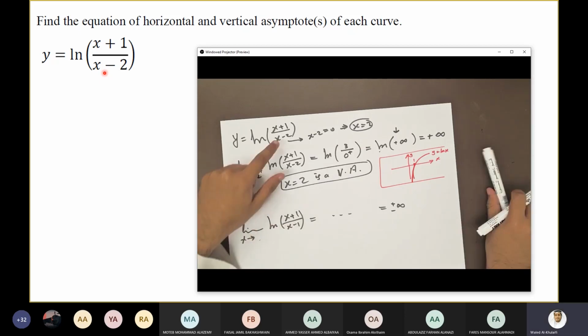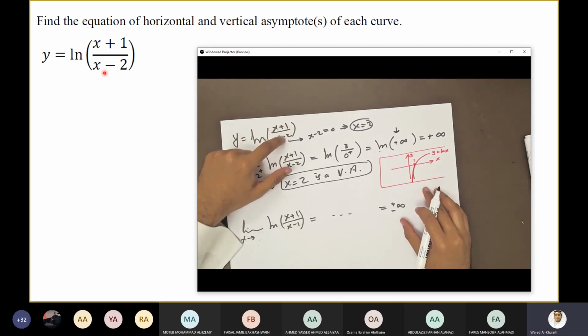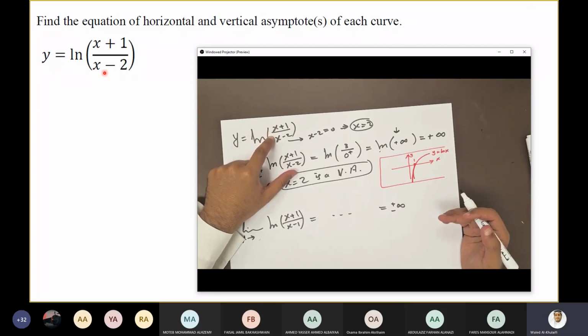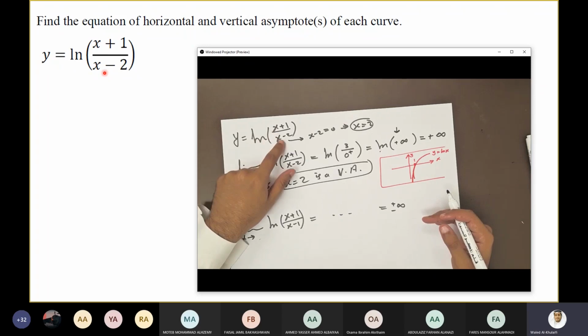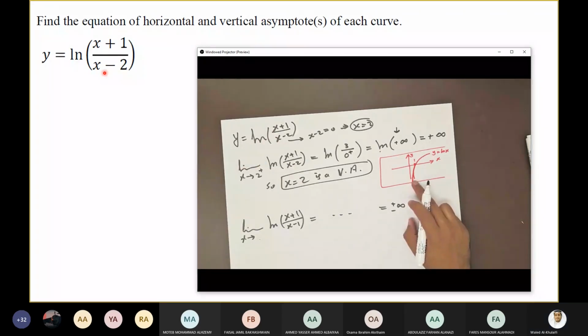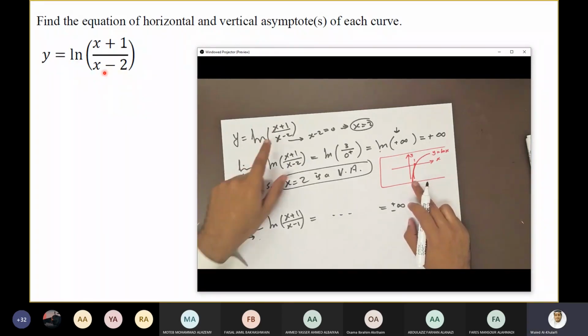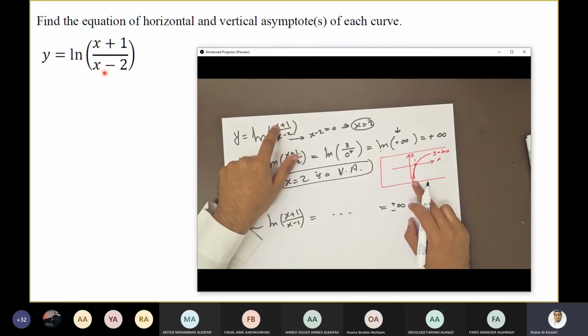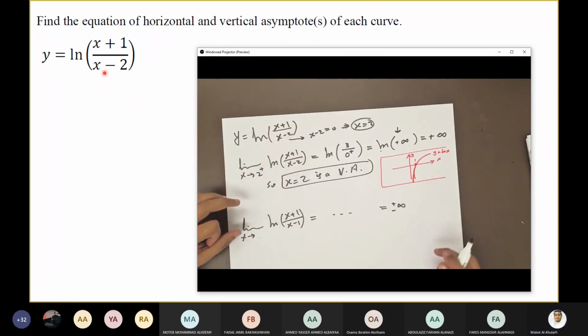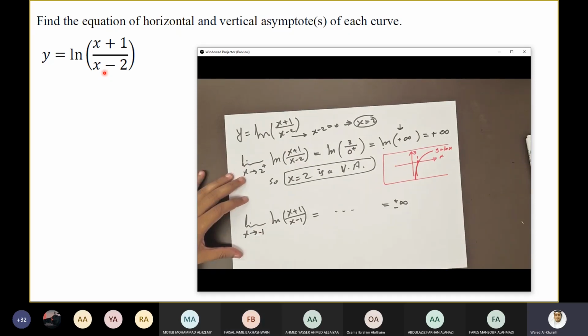So if I find some value for x that will make this 0, approaching 0 from the right, then the ln at this point will go to negative infinity. What will make this 0 inside the ln? If x equals minus 1. So I have to go to minus 1.